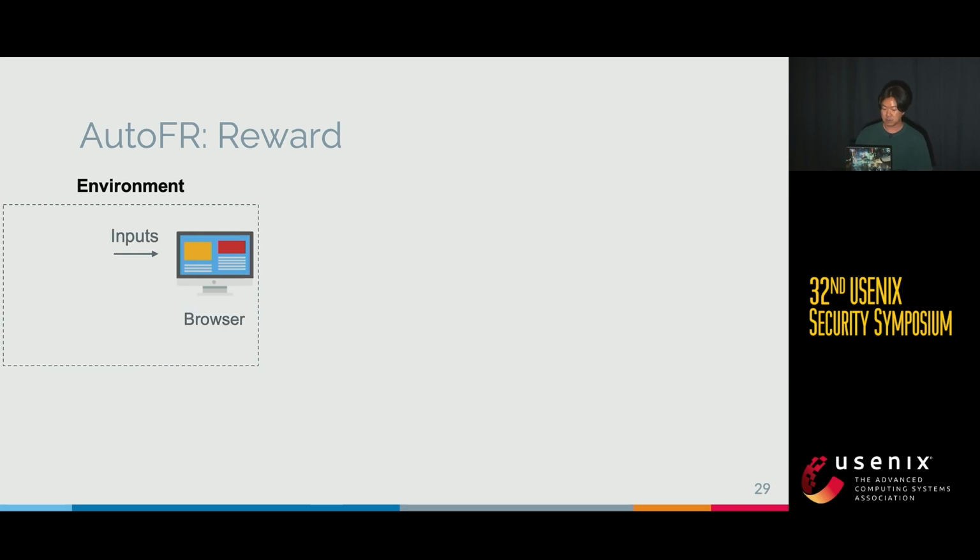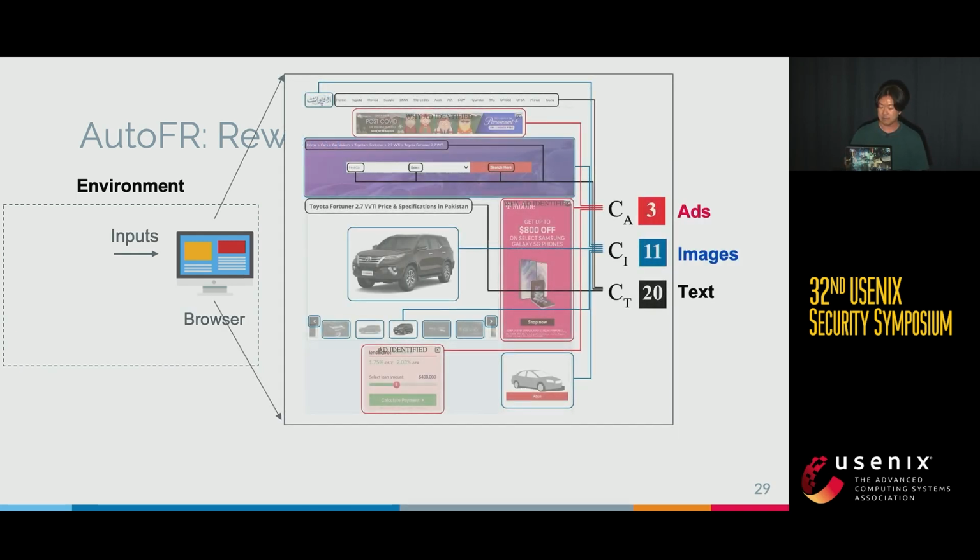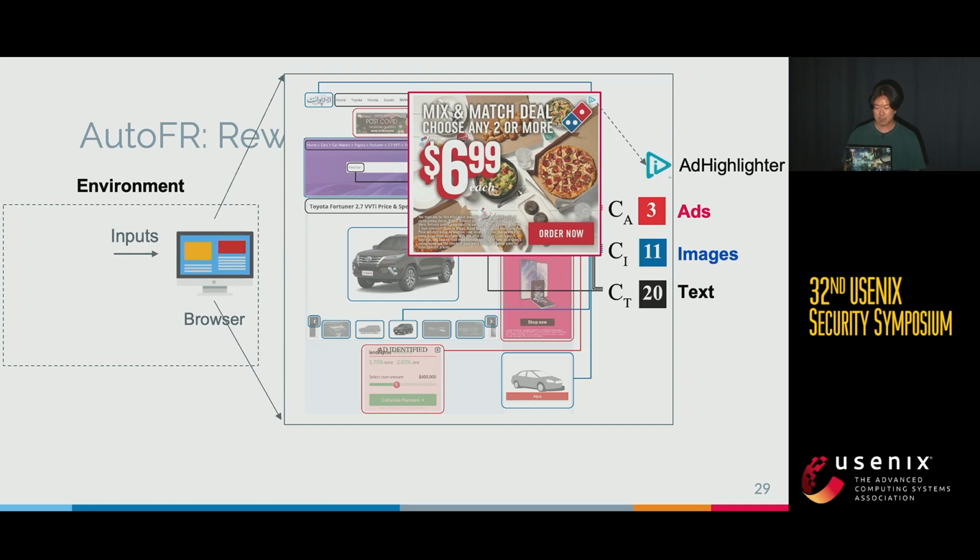We're now going to represent how a site is with the visual components, such as the counters of ads, counters of images, and text. And there's various ways that we can actually get these numbers. For ads, for example, we can use a web extension like Ad Highlighter that detects ads using AdChoices logos. For images and text, we can simply write custom JavaScript to count the image and text nodes.